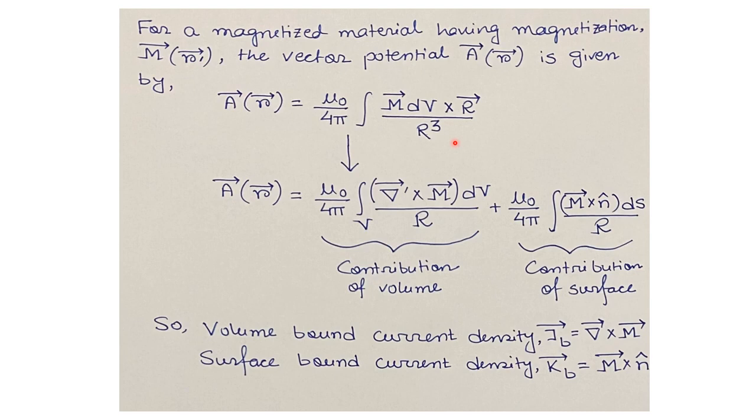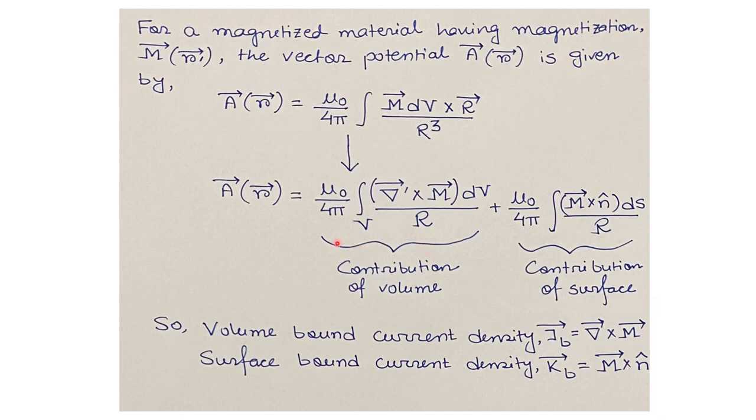Now after some simplification with the help of vector algebra, we can show this A vector is basically a summation of two terms. The first term is due to the contribution from the volume of the system, that is the bulk of the system, but the second term is due to the contribution from the surface of the system.